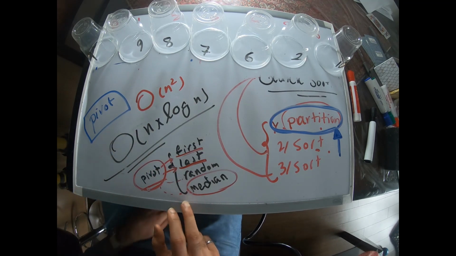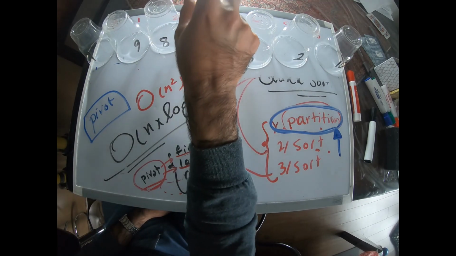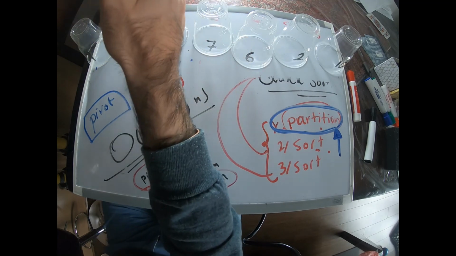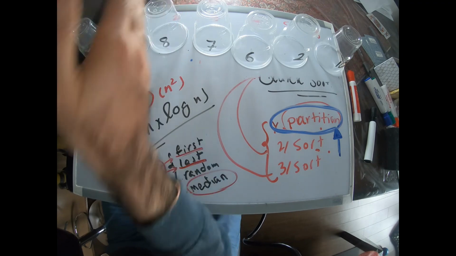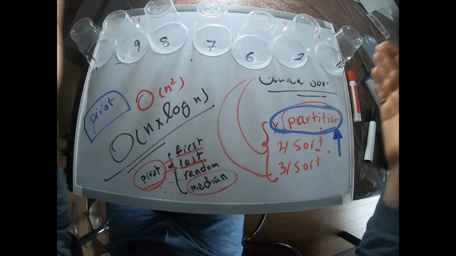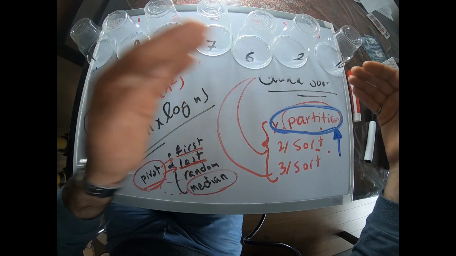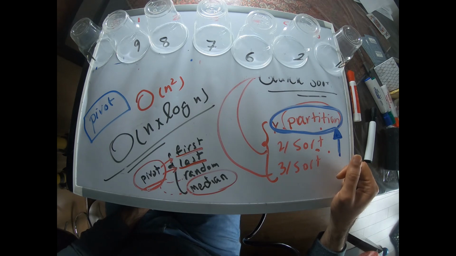If you find the median, then you're sure that this element is going to be at its correct location, and you make sure that you always divide the array into two halves which almost have the same size. It's either exactly the same size, or one is one larger than the other. Okay, so that's basically what quicksort is.